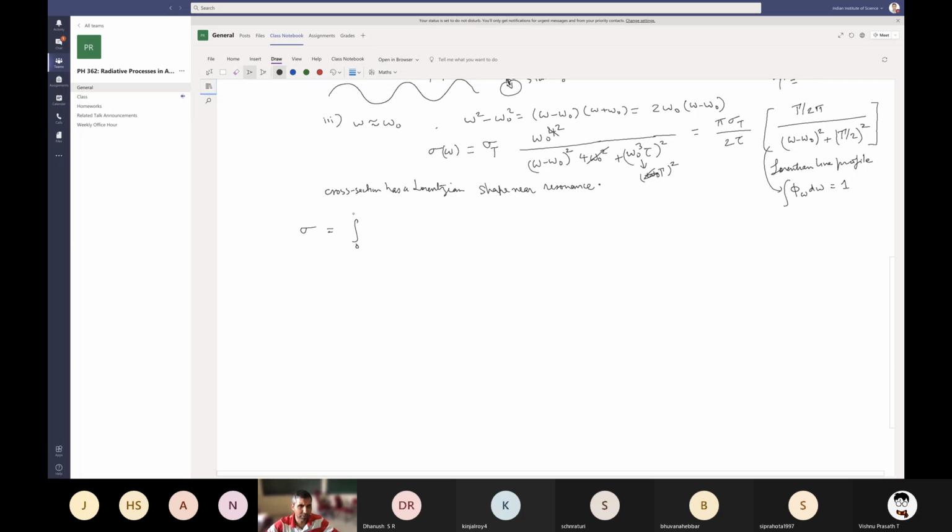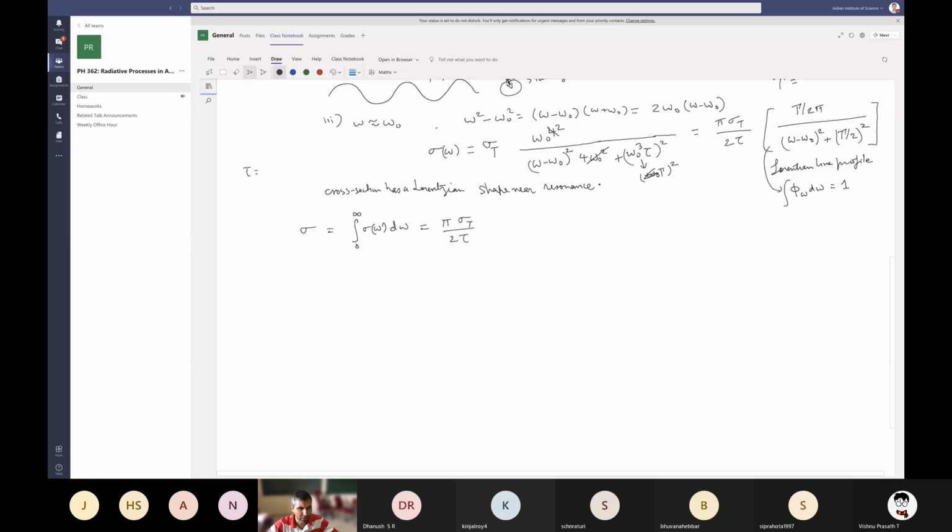Integral 0 to infinity sigma omega d omega. If we integrate this, what do we get? We get pi sigma t by 2 tau. Right, so what was tau, if you recall?